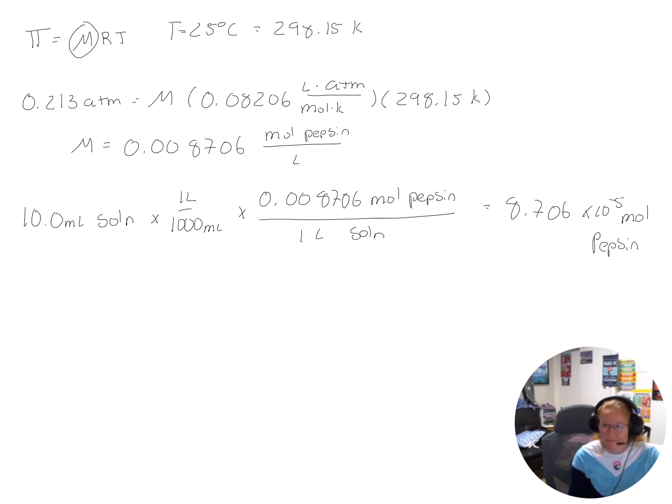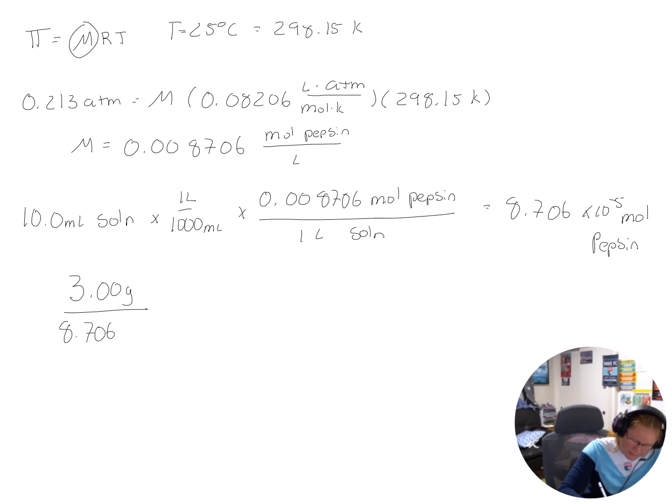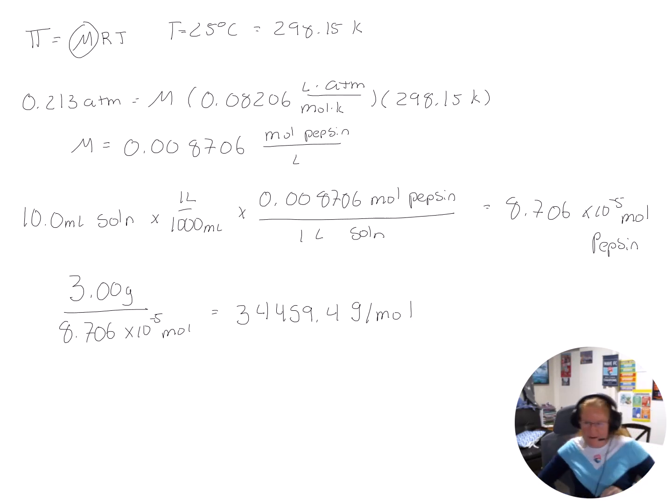For my problem, I have grams, which was 3.00 grams. Now I have moles, 8.706 times 10 to the negative fifth moles. And again, macromolecule, it's huge: 34,459.4 grams per mole.